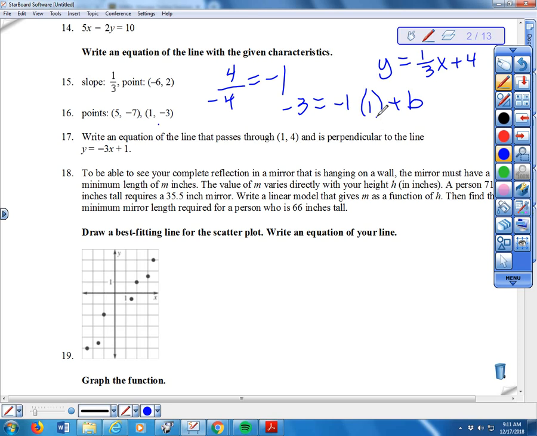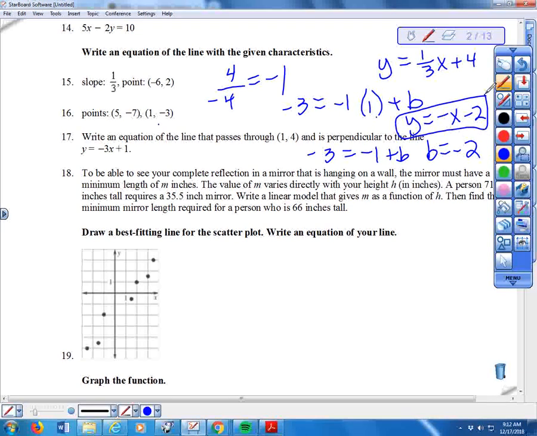Solve for b. Negative 3 equals negative 1 plus b. When I add 1 over, b is equal to negative 2. So the equation of my line is y equals negative 1x minus 2. There you go. Again, these first few chapters were just a review of Algebra 1, so you guys should have this down cold by now.